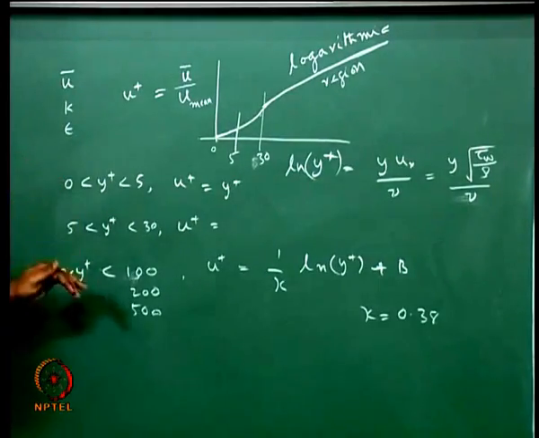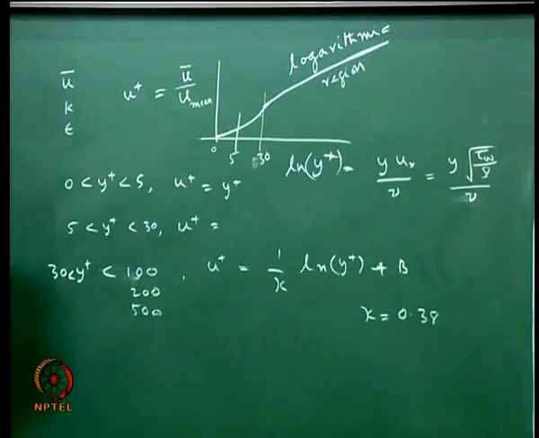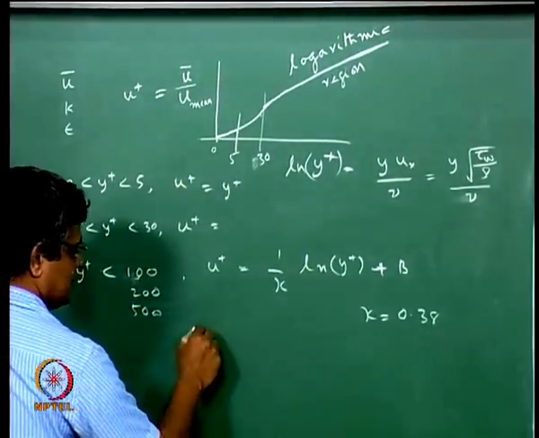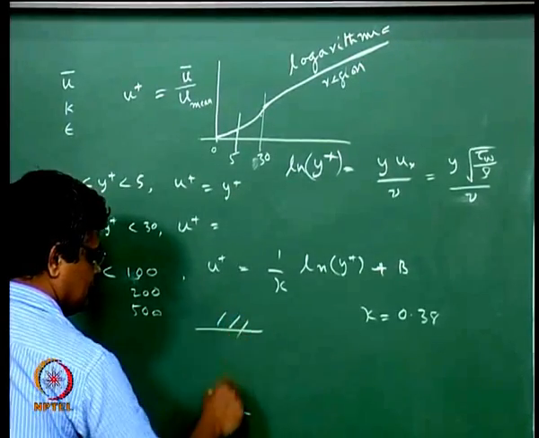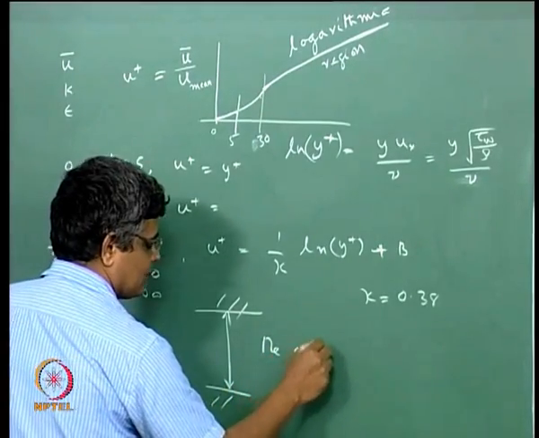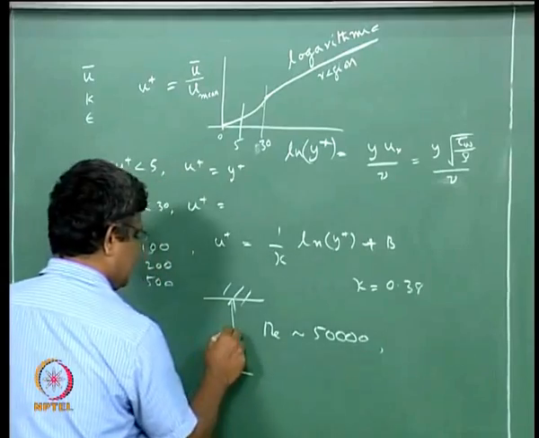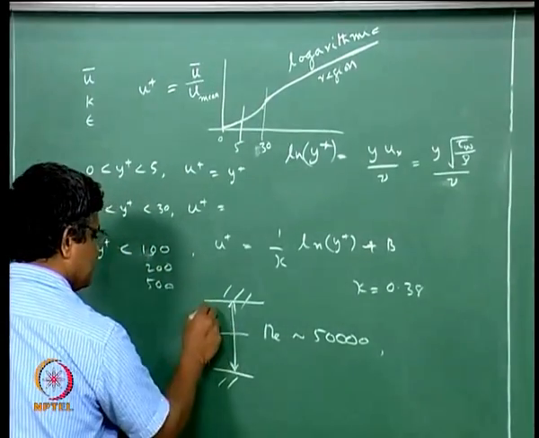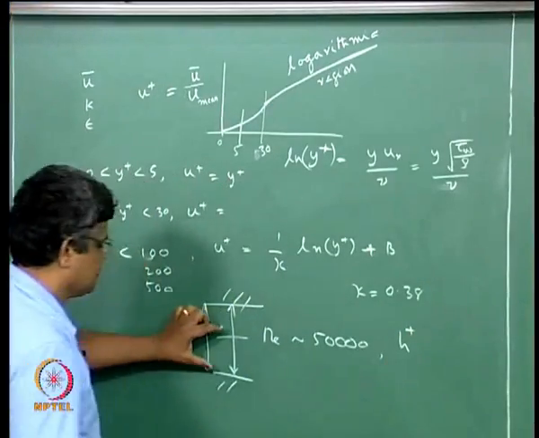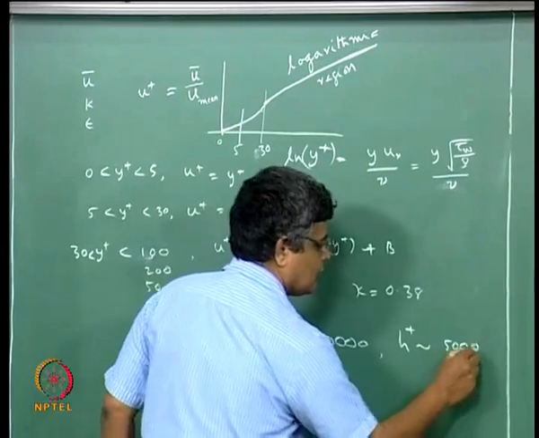So in this sense, this y plus of 30 is typically very small because of the maximum y plus. For example, if you are looking at a flow between two plates at a Reynolds number of the order of say 50,000, and you say that this is 2h, then h plus, which corresponds to the maximum distance, is of the order of 5,000 or something like that.